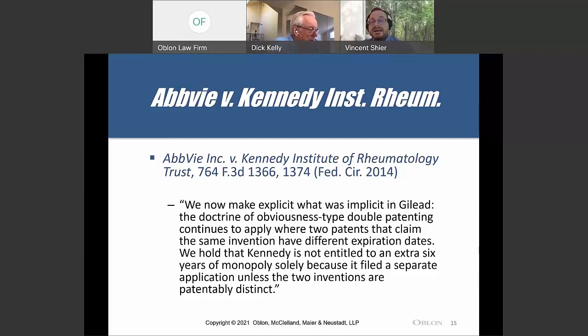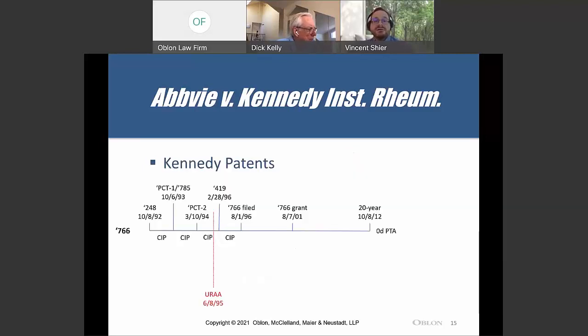In Kennedy, they were very bothered that the result of the difference in the expiration dates led to a 6-year extension. I think it's important to look at what happened in Kennedy and why this case really echoes the very concerns with respect to gamesmanship that Judge Chen cautioned against in his holding in Gilead.